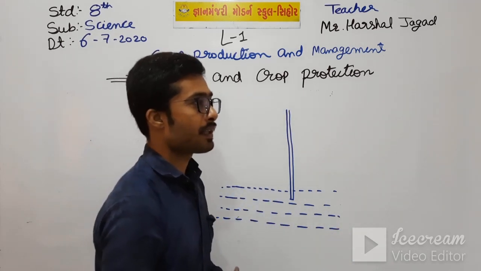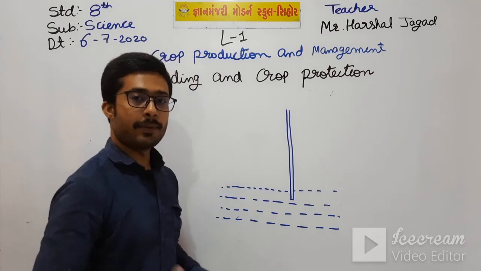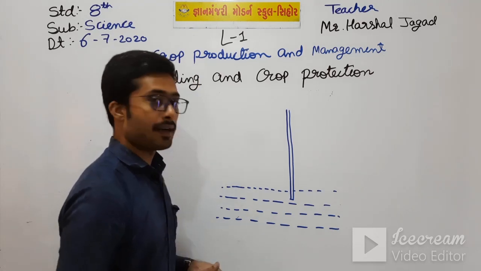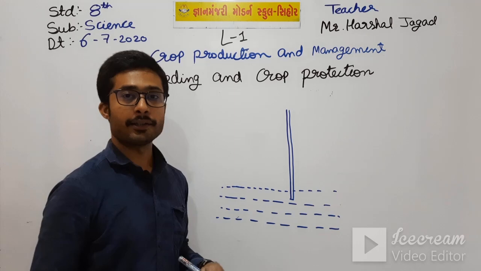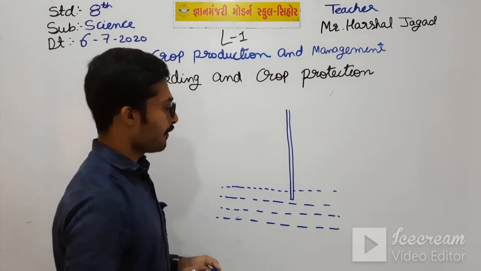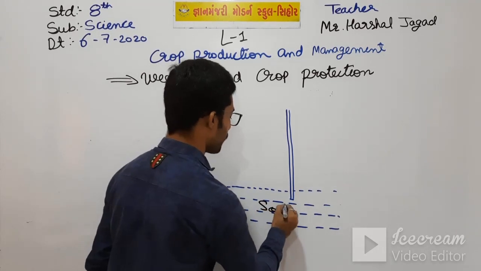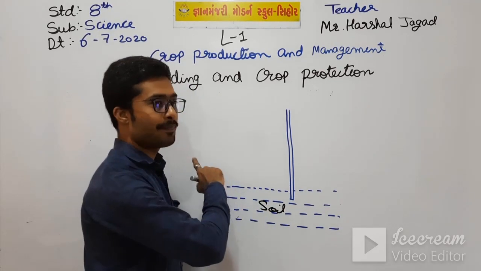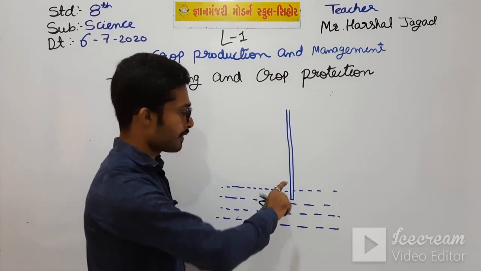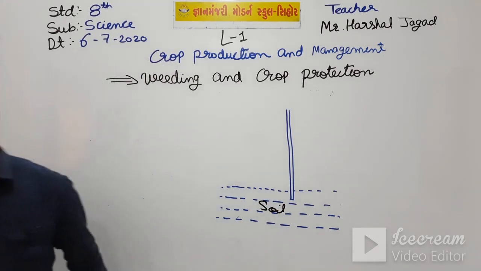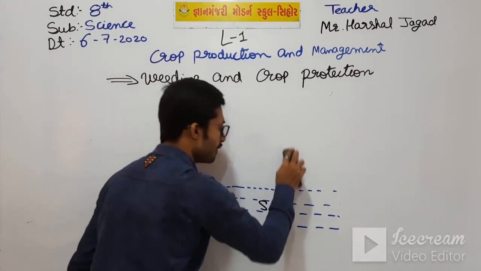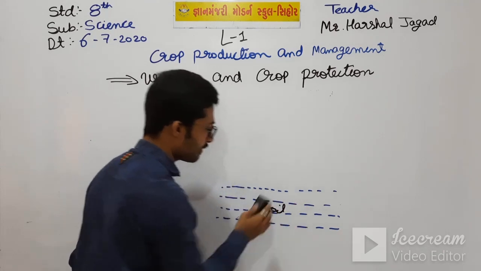So which process can we repeat? Are you repeating with me? I can't hear, but I want you to repeat these processes. First, what is done in the soil? We will do all the processes in this.